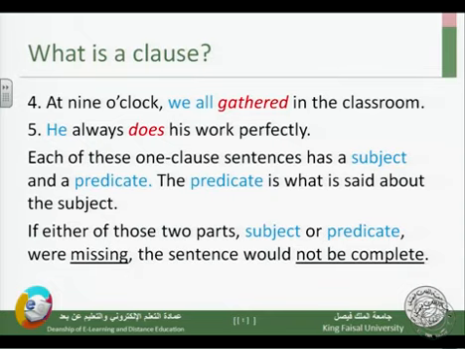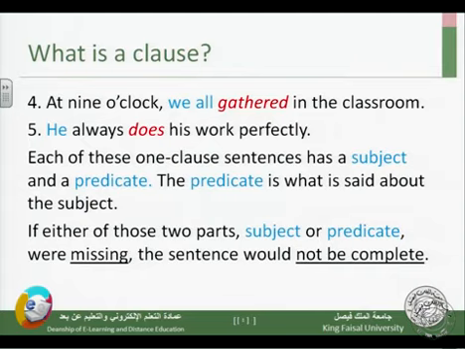Each of these one clause sentences has a subject and a predicate. Okay, so the predicate is what is said about the subject. So for example, in number 5, he always does his work perfectly. He is the subject and everything else is the predicate. So always does his work perfectly, all that we call a predicate. Okay, including the verb.